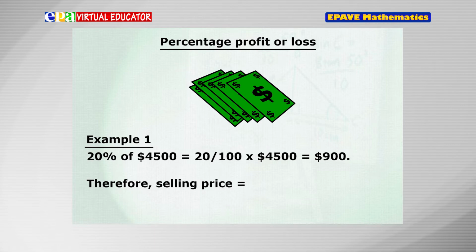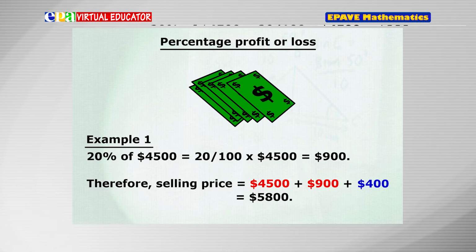Therefore, the selling price is $4,500 plus $900 plus $400 to cover the overhead costs. The article would therefore be sold for $5,800.